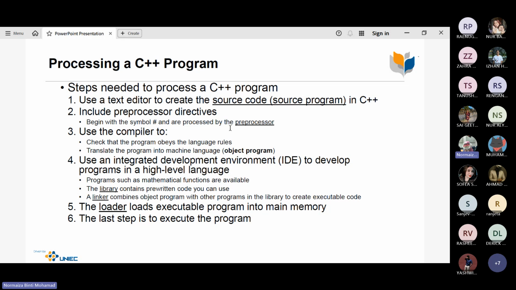A loader loads the executable program, the steps to execute the program. So basically you can write a C program outside of the environment and then use the compiler to put it into the IDE.